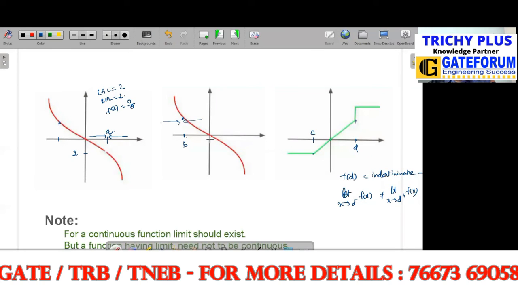So what we can observe from here is that this point is continuous, this point is continuous. Do we have a limit here or not at points B and C?